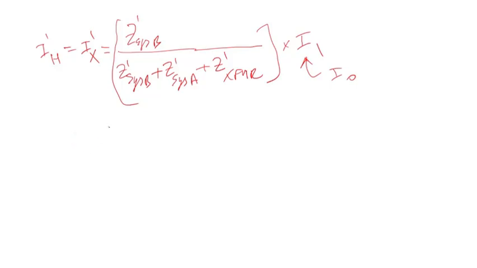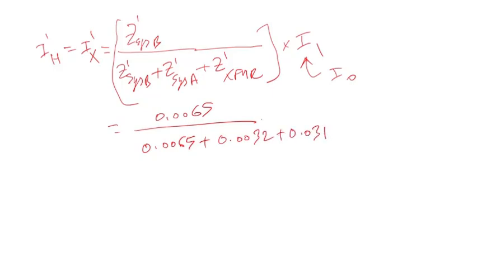So now I will just plug in the numbers. 0.0065 plus 0.0032 plus 0.031, times 43.0045.